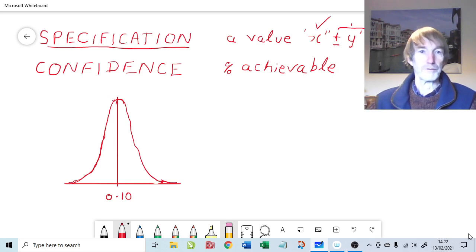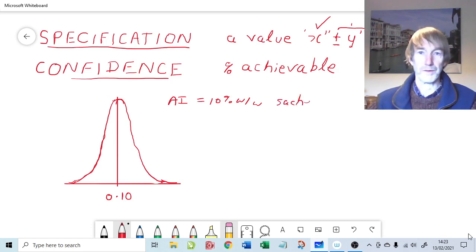And then we have the confidence in achieving what the specification says. So let's persist with our value of 0.1. And if we say that we want a pharmaceutical active ingredient to be equal to 10% by weight in a powder product, and this could be in a sachet or a packet or even a pill, but we'll stick with a packet or sachet first.